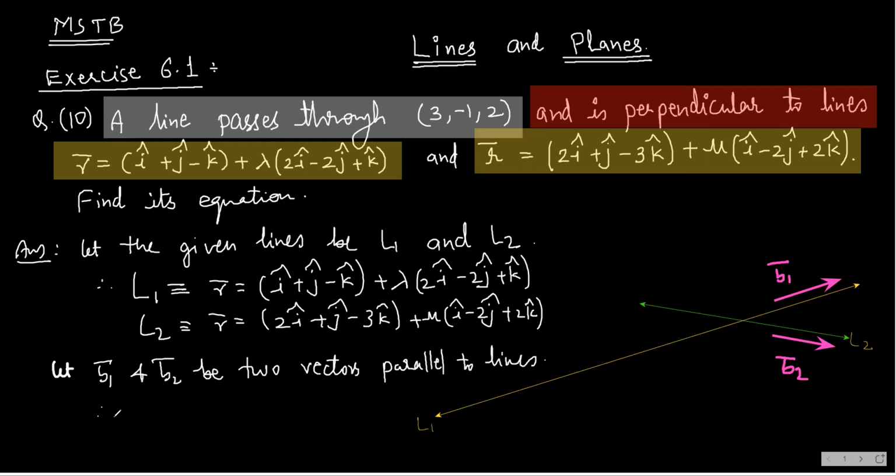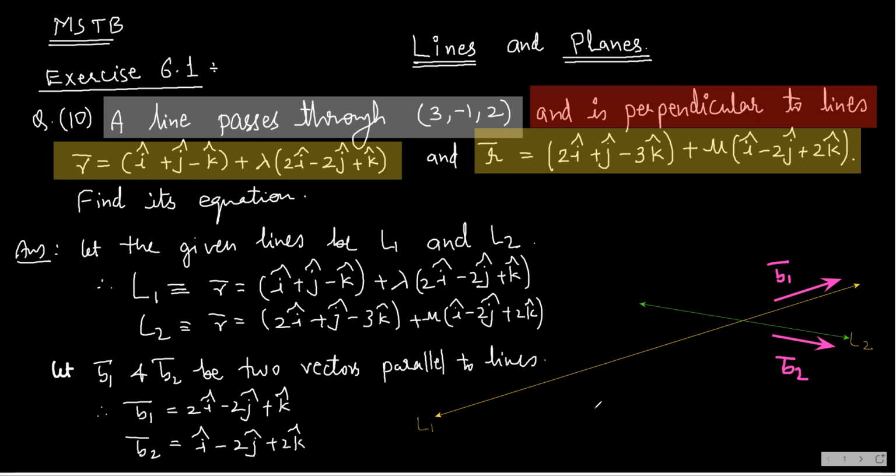So therefore B1 bar equals 2i cap minus 2j cap plus k cap, and B2 bar will be i cap minus 2j cap plus 2k cap. Okay, I got B2 bar and B1 bar.